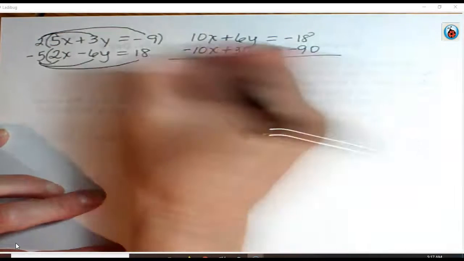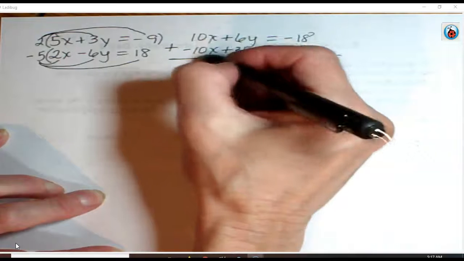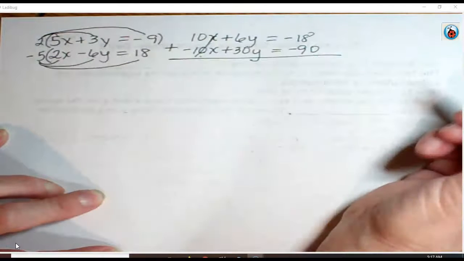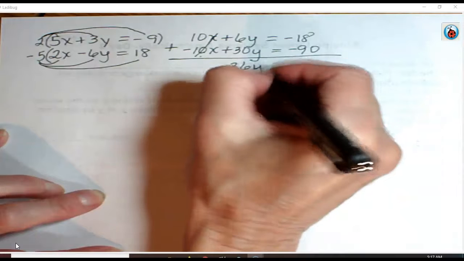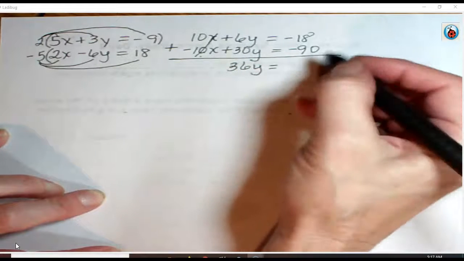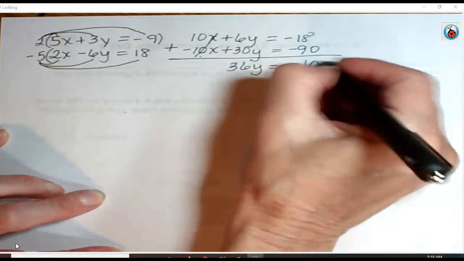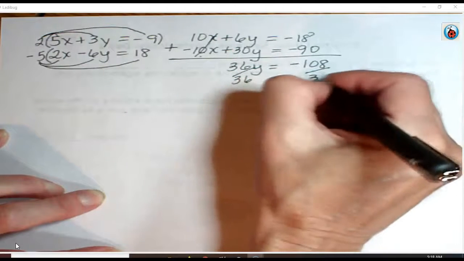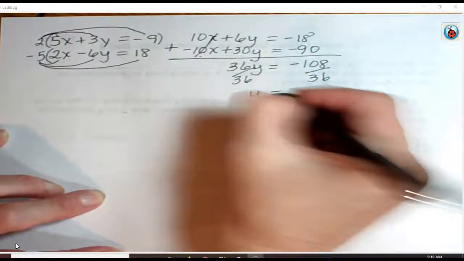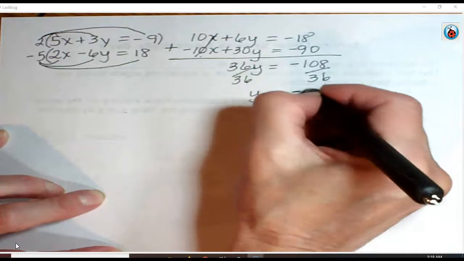All right, so now I'm going to add these. Since these are opposites, I know they're crossing out, and I got rid of my x's. So I've got 36y equals negative 18, and negative 90 is a negative 108. Divide by 36, and my y is equal to a negative 3.